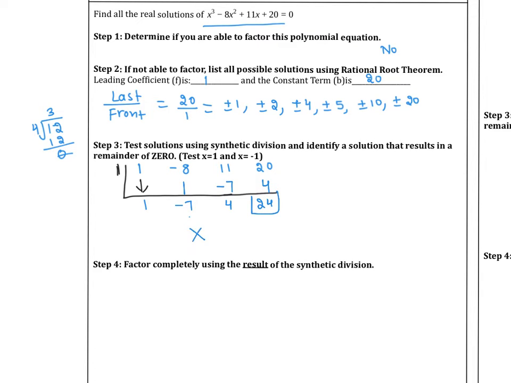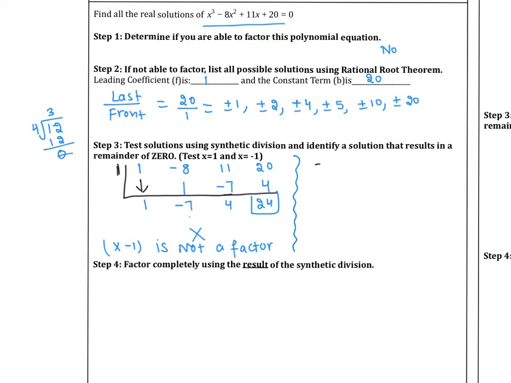This doesn't work because it does not give us a remainder of 0. So it means that x minus 1 is not a factor. You write this in factor form with the opposite sign. If it's positive 1, then x minus 1 is the factor we tested. If it's a plus 1, use a negative sign; if it's a negative sign, use a positive when you make a factor.